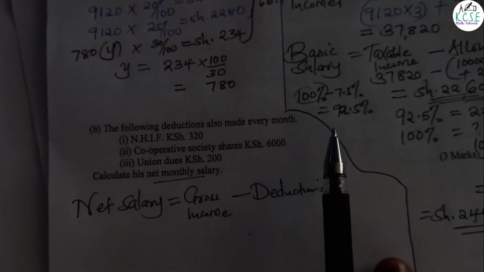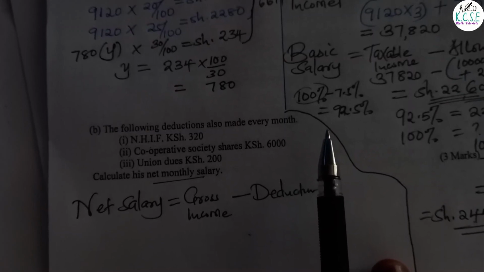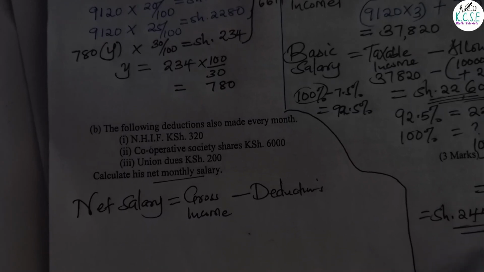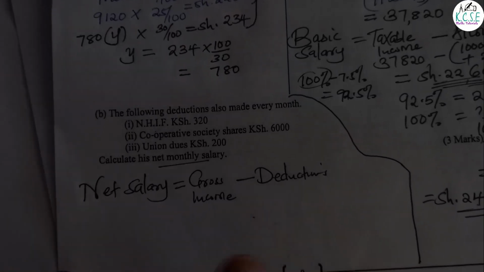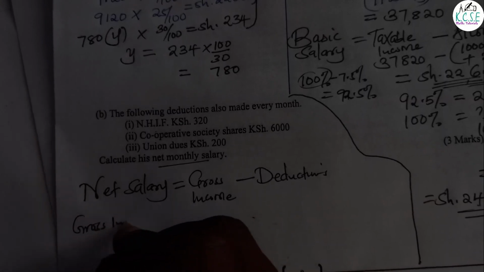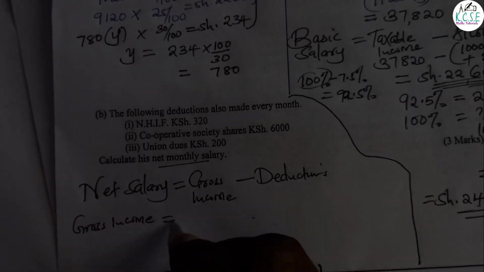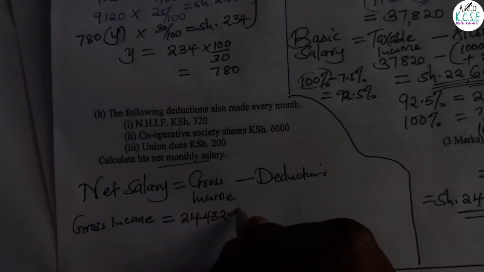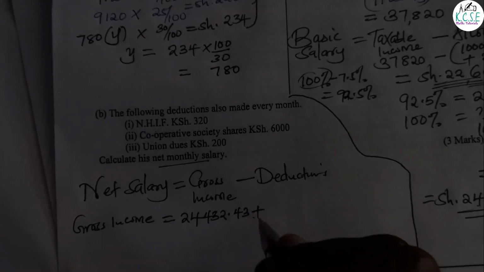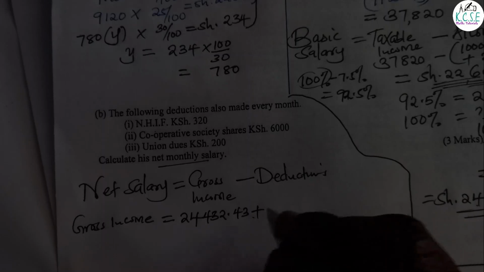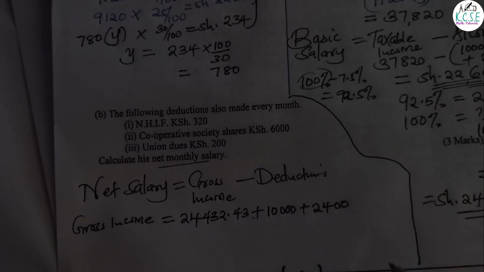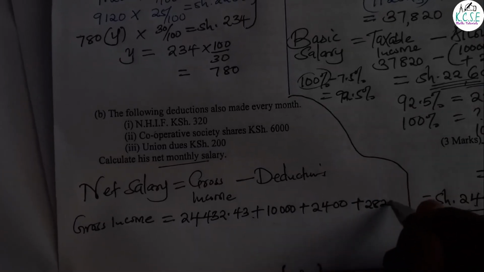So let us get the gross income. How do you get the gross income? Remember, to get the gross income, we take the basic salary plus all the allowances. So gross income will be given by basic salary, 24,432.43, plus all the allowances. We have 10,000, we have 2,400, and then we also have 2,820.